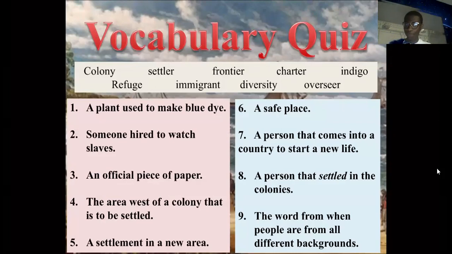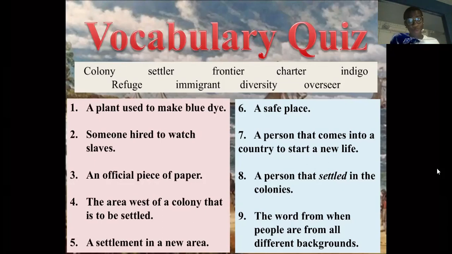It was a charter. Now, the area west of a colony that is to be settled is a colony. Well, is it a colony? Or is it a frontier?